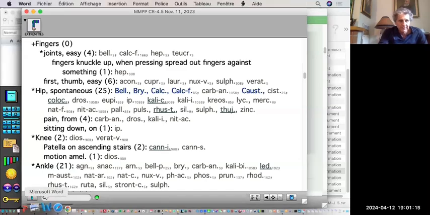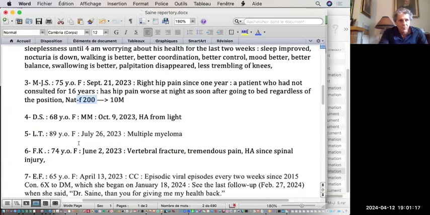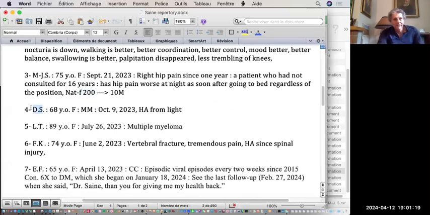So we'll go to case number 4. She's a 68-year-old woman who has multiple myeloma. She's been my patient for at least 5 years, if not 6 or even 7 years, and she is treated with conventional medicine.